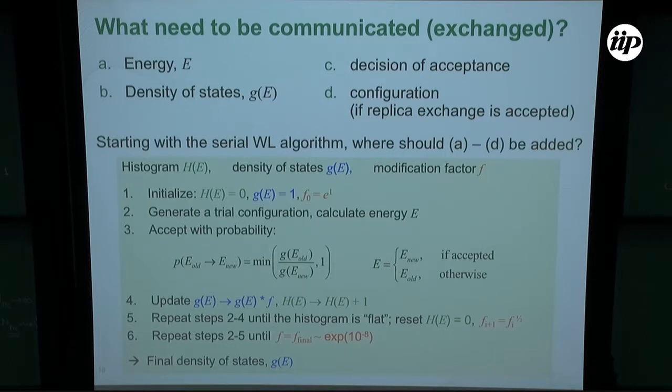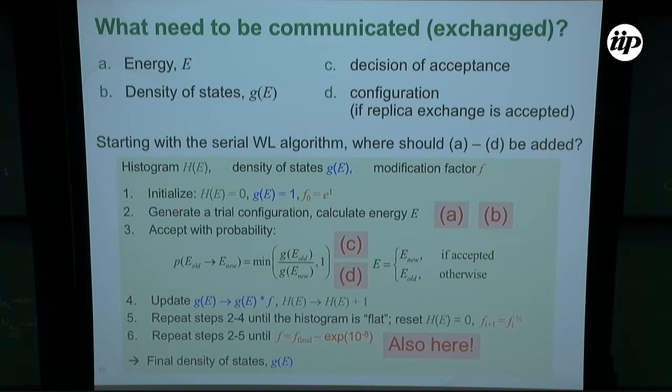And you just need to put this in the correct place in our serial program. So if you think about that, where should we put A, B, C, and D? The answer is here.